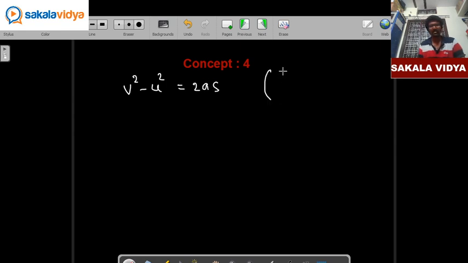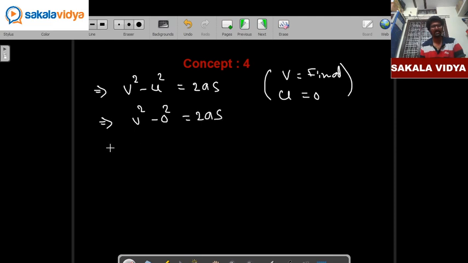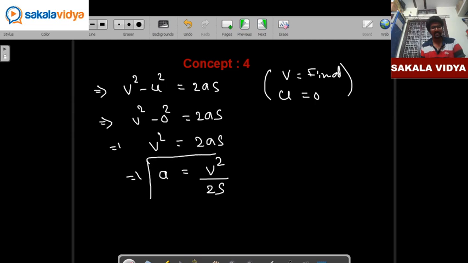For our block, v is our final velocity, u is our initial velocity, which is nothing but 0. So let us substitute these values. Then it becomes v square minus 0 square is equal to 2as. So v square is equal to 2as, so a is equal to v square by 2s. So acceleration is nothing but v square by 2s. Let us write this as equation 1.